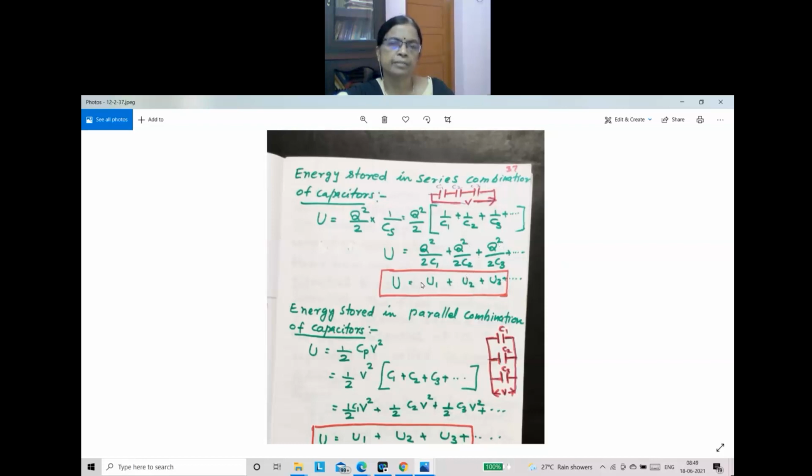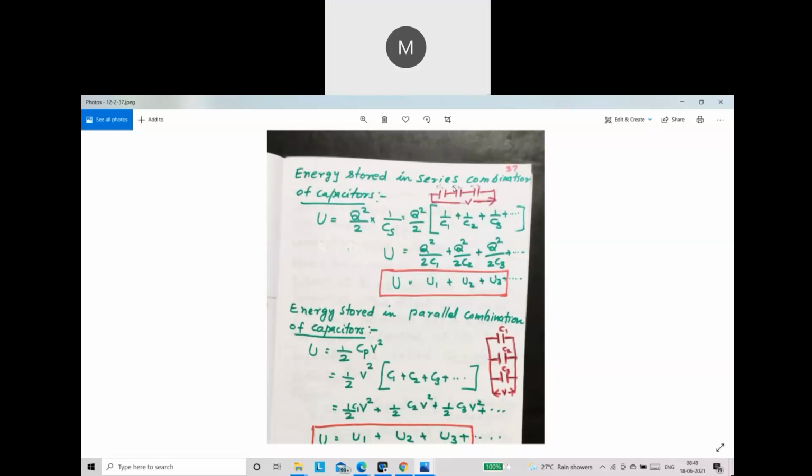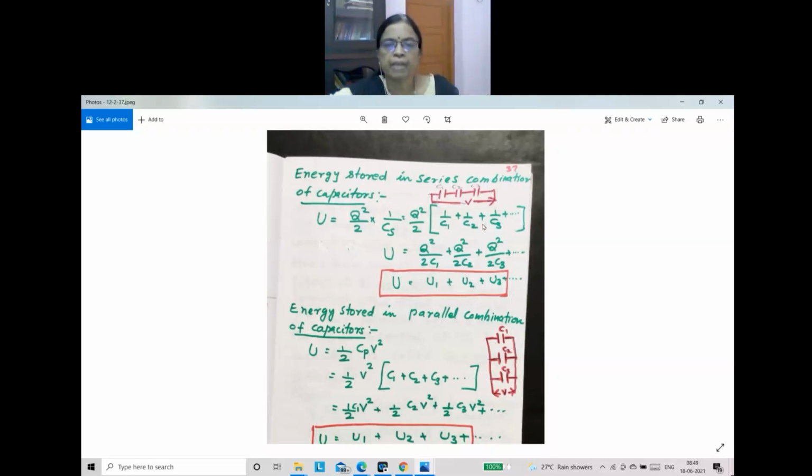So, these are the energies of individual capacitors. So, the energy stored in series combination is the sum of the energies of the individual capacitors. That is Q square by 2C1 plus Q square by 2C2 plus Q square by 2C3. So, for doing problems, all these formulas are very, very important.